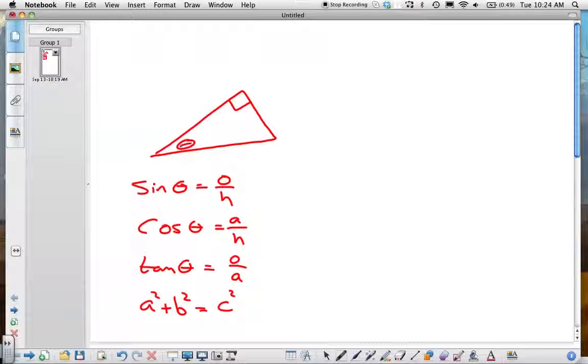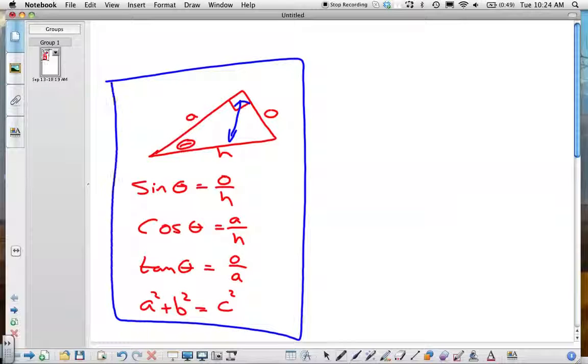Remember, we always label the triangle in this way, where we work with our angle and we label it according to that. So opposite the angle, next to the angle, and the hypotenuse, the side which is opposite the right angle. So in this situation, we've got right angle triangles, we use those formulas.